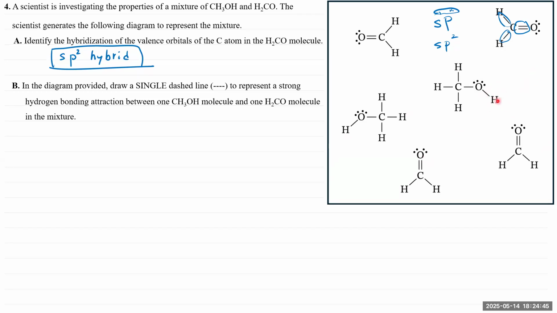This is a candidate, and they are attracted to a lone pair on an O, F, or N. So there's one right here. So therefore, that's the one that we're going to draw. That's probably the easiest one to draw. So I'm going to put dashes. I'm going to go 1, 2, 3, 4, and that should be our hydrogen bond.